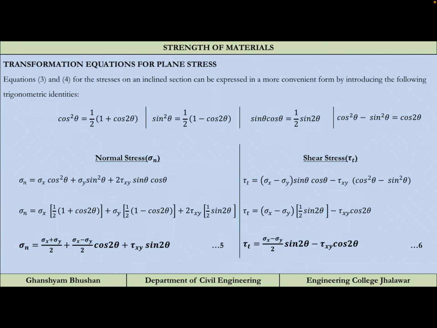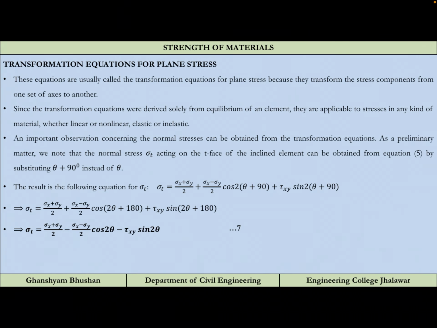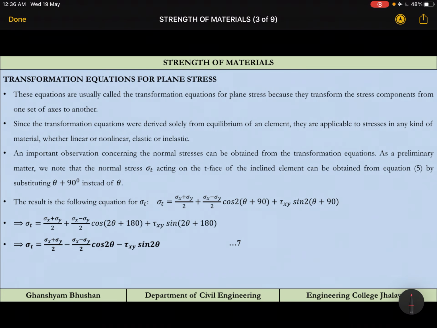So these equations we have derived for the normal stress. This is the equation of normal stress and this is the equation for shear stress. Clear? So these equations are usually called transformation equations, and the process we were following is known as stress transformation. Why?